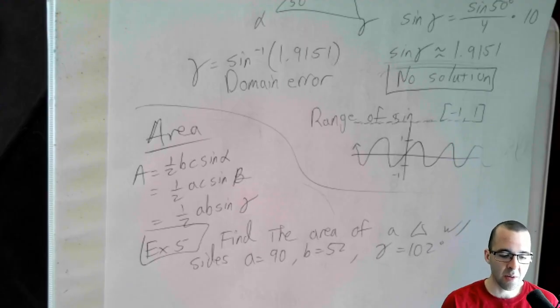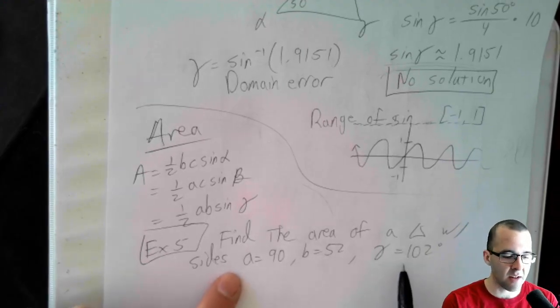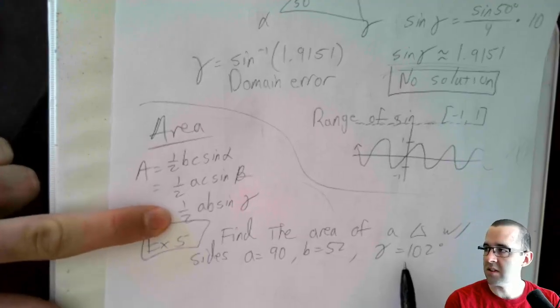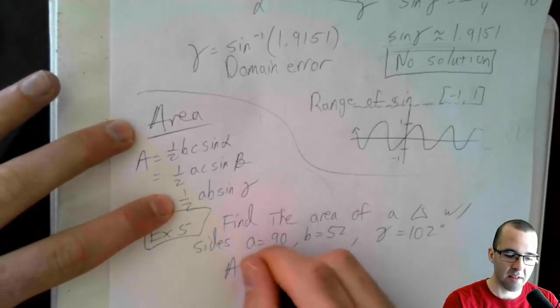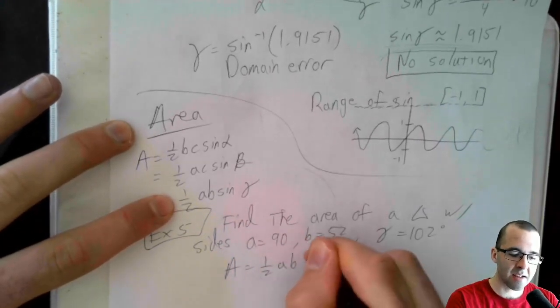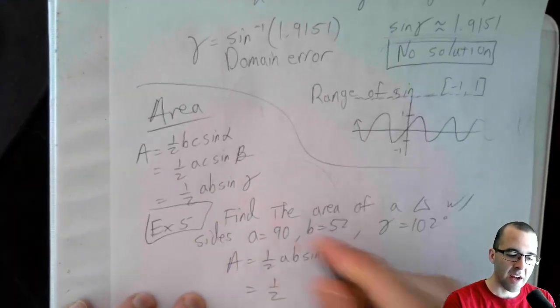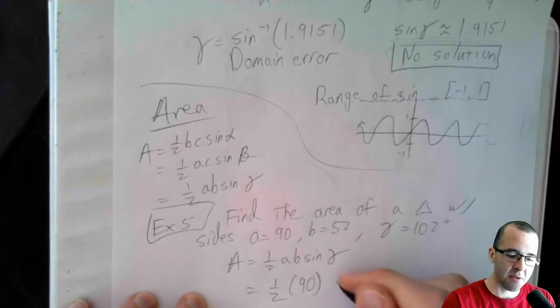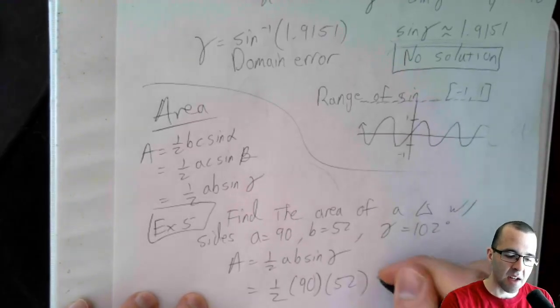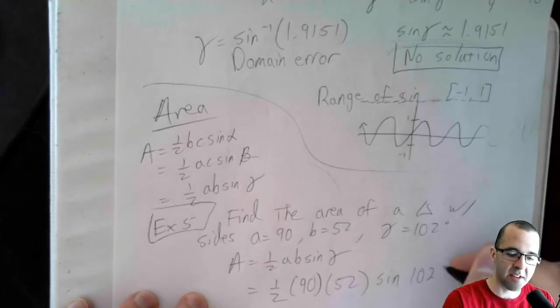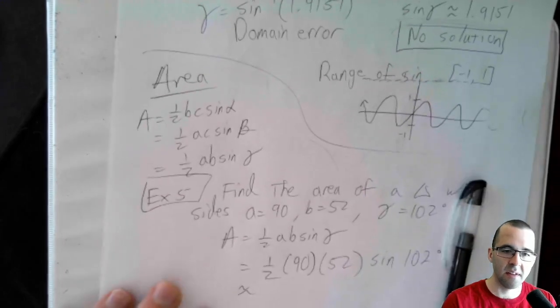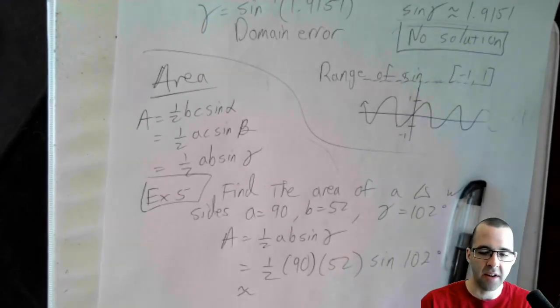You could say, well, we have A, we have B, and we have gamma, so use this formula right here: 1/2 AB sine gamma. And you just plug it in. 1/2 times A, which is 90, times B, which is 52, times the sine of gamma, which is 102 degrees, and that's all there is to it. Type that in your calculator, get an approximation.